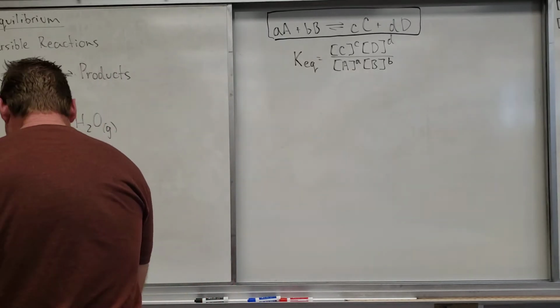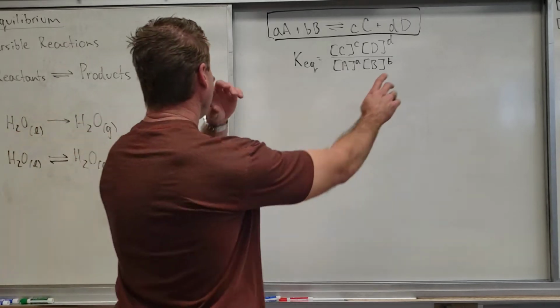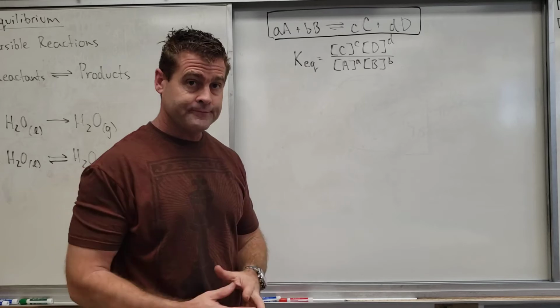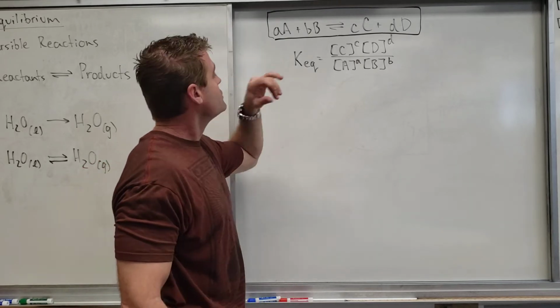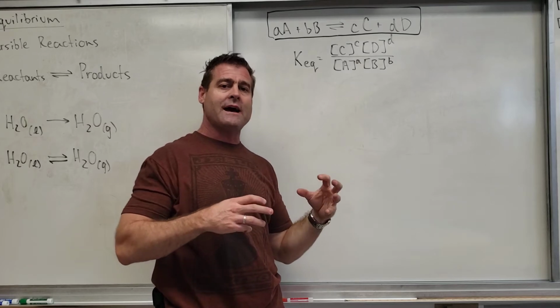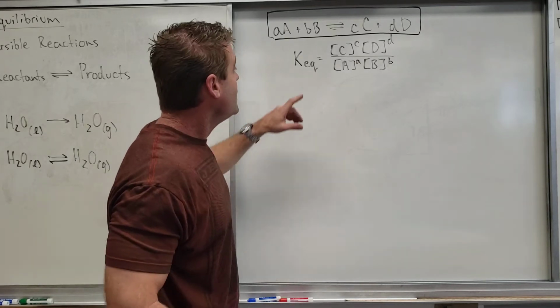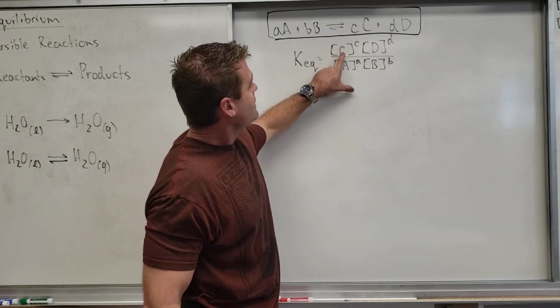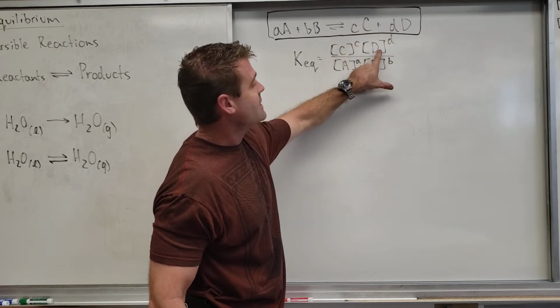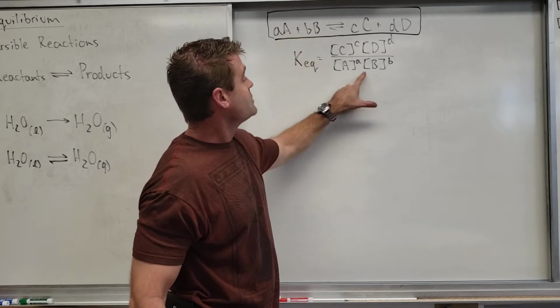Remember, you'll recognize a reversible reaction if you have a double arrow. What stays constant, regardless of how much reactants and products you have, once it's reached equilibrium, is this: the concentration of the products goes on top in the numerator, over the concentration of the reactants.